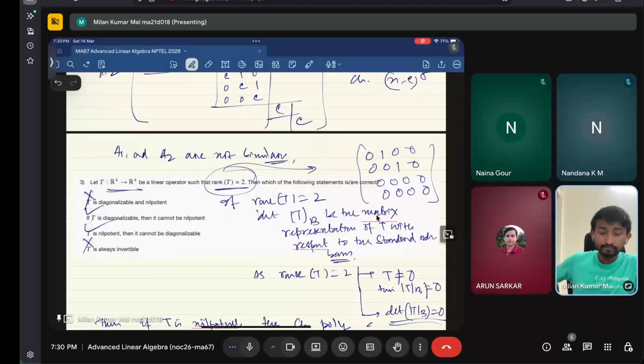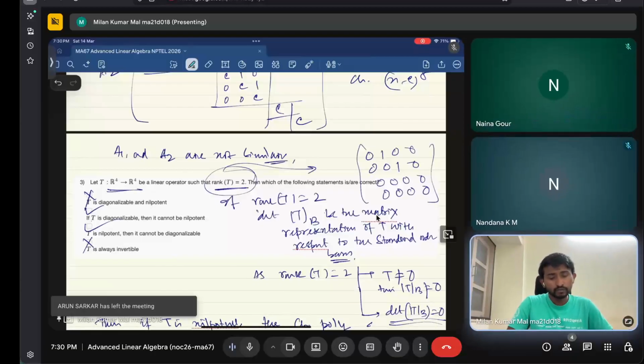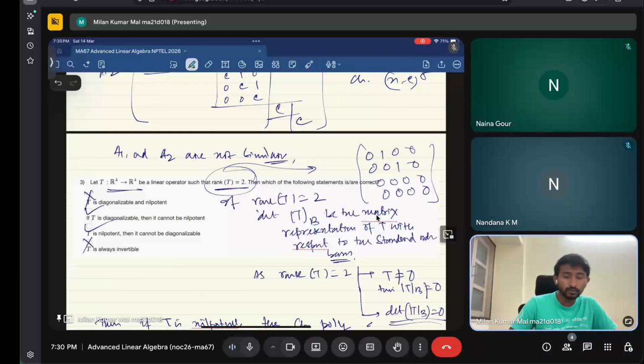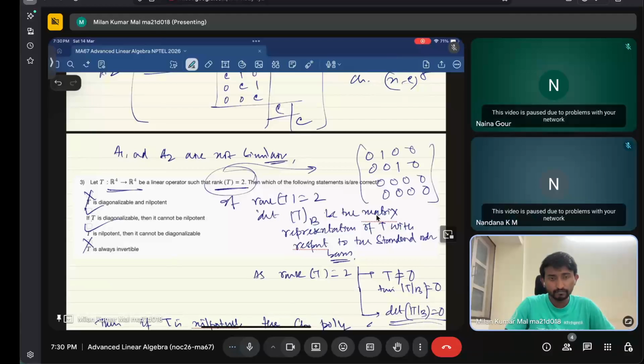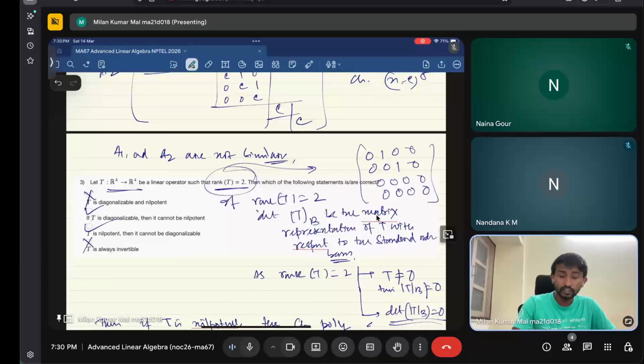Determinant is 0, that's clear. Because if the determinant is non-zero, then it will be invertible, meaning the range dimension will be 4. So I hope it is clear. I'm going to the next problem.